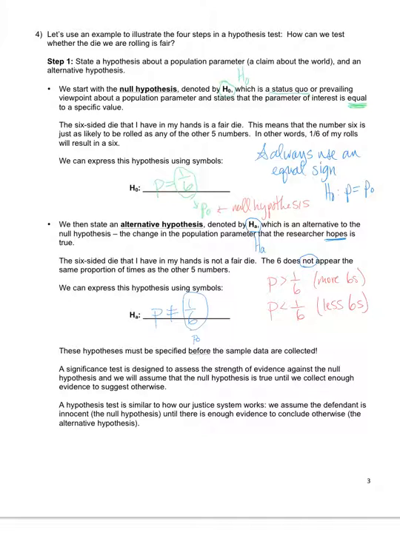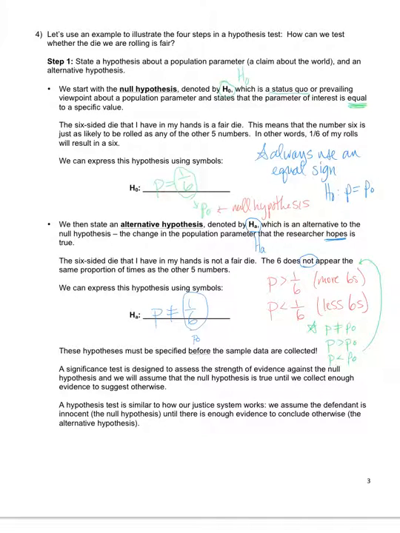So when you do your alternative hypothesis, you're limited to these 3 choices. You can say that P is not equal to the null hypothesized value, P is greater than the null hypothesized value, or P is less than the null hypothesized value. And the choice between the 3 comes from the statements that are given.